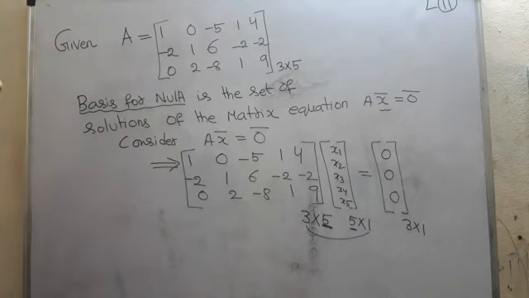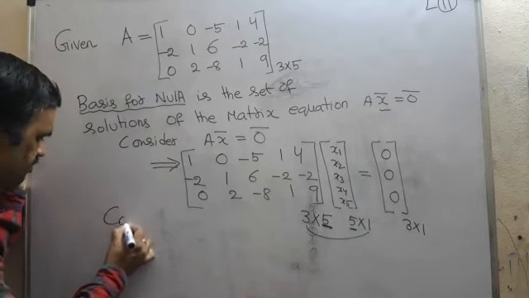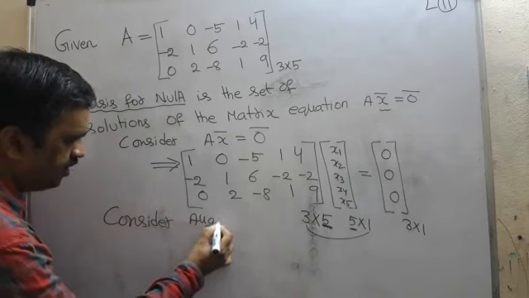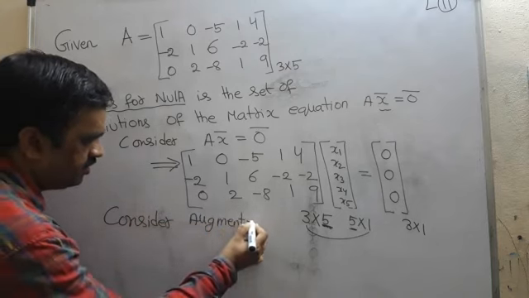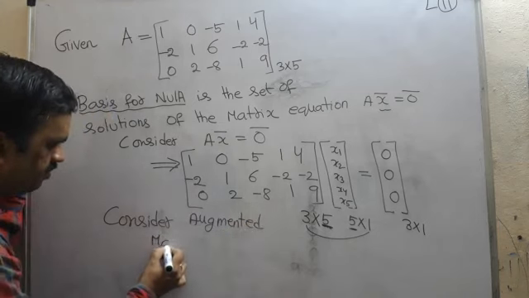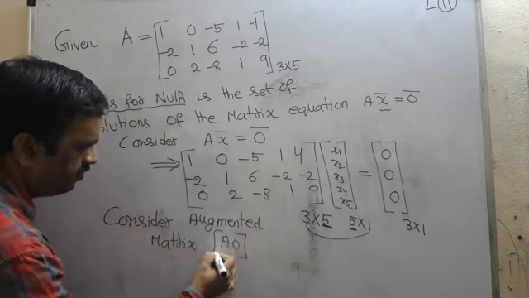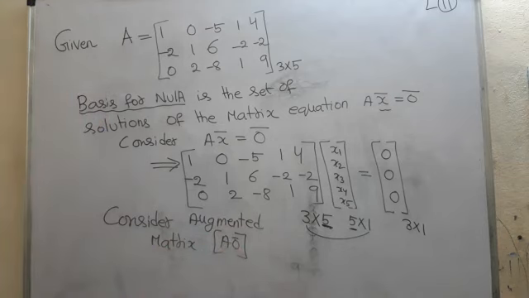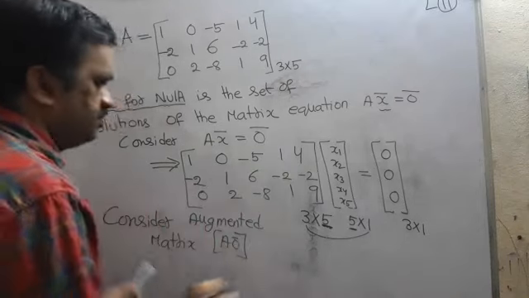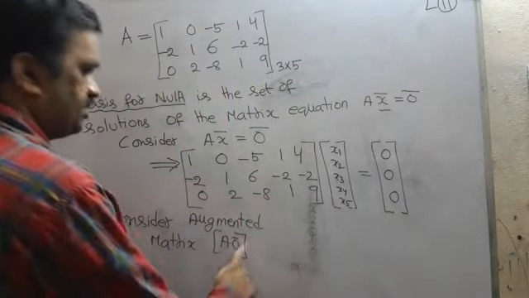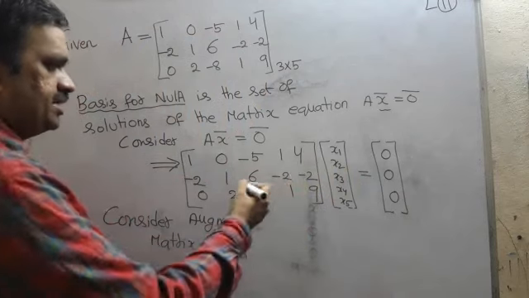For this, we will consider an augmented matrix. Consider the augmented matrix A 0 bar: write matrix A and the matrix 0 bar, leaving out X bar.